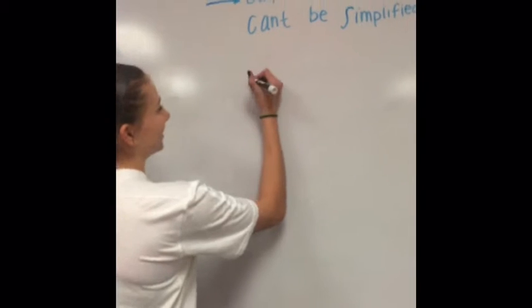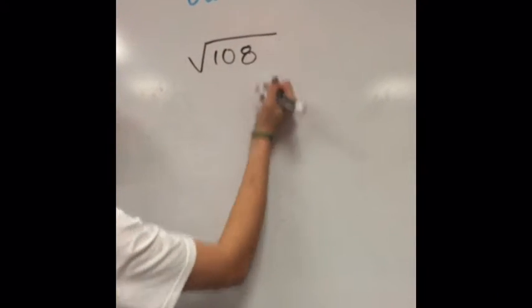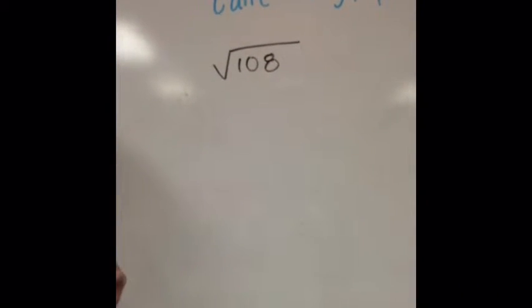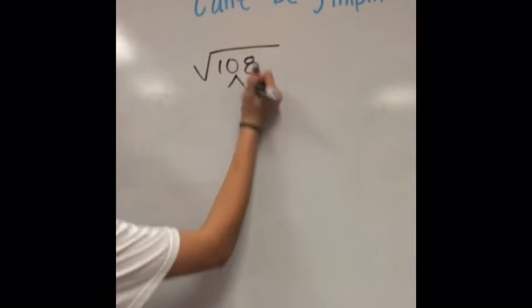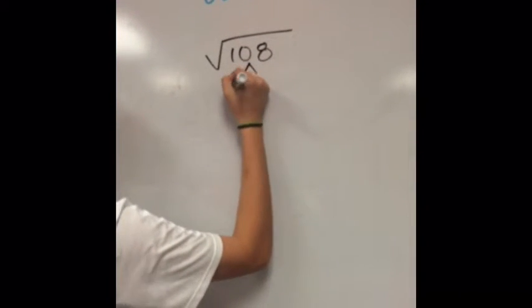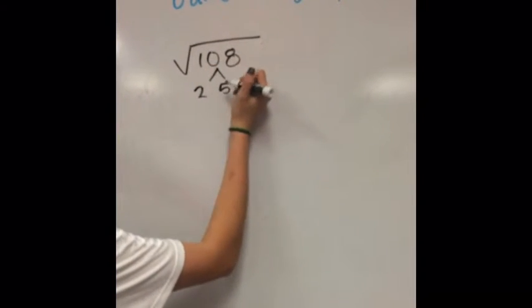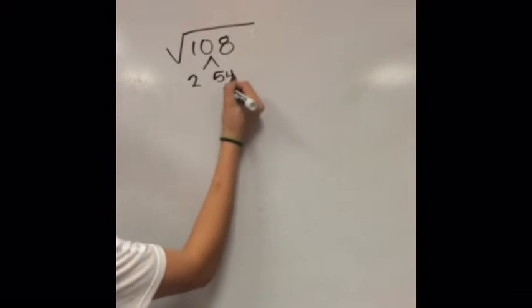Okay, another example of this is radical 108. Since it's so big and you don't have 2 multiples that can multiply by each other or by itself, you have to find the multiples of 108, and that could be 2, 5, and 5 times 2 equals 10, so that would leave a remainder of 8, which is 4.